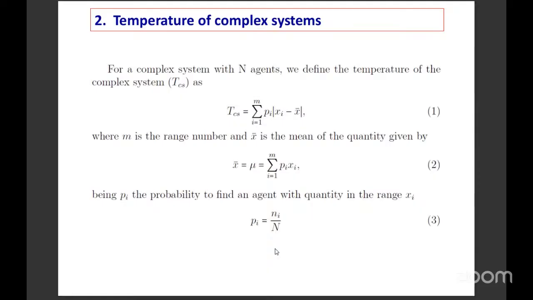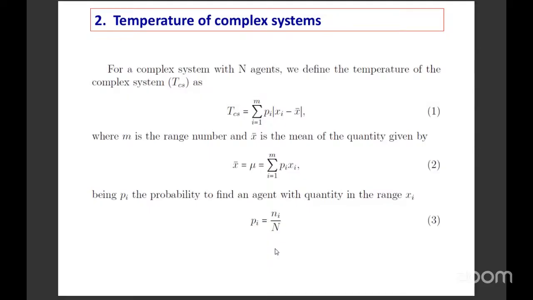A temperature of complex systems is a concept that is not developed in the literature, and we propose this possibility to measure the temperature of complex systems. You see, this is the absolute difference between the data and the mean. And this is the probability.